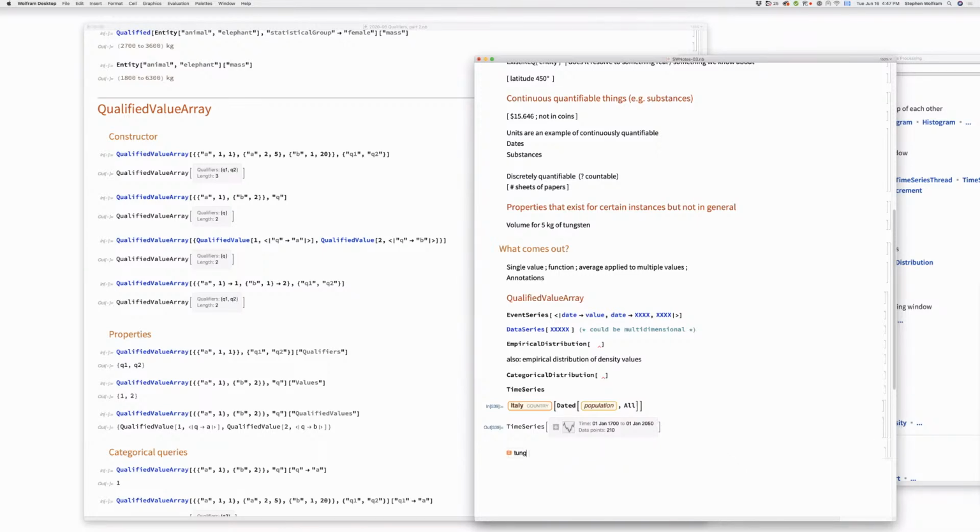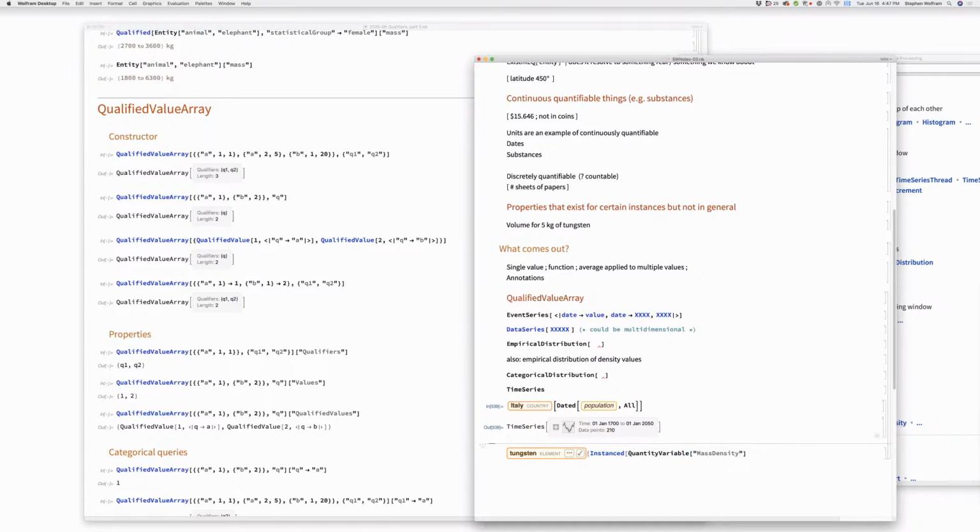But let's give another example. Let's say tungsten, and let's say that we say density. I want it as a property, right? I don't think pure property passes in this form.